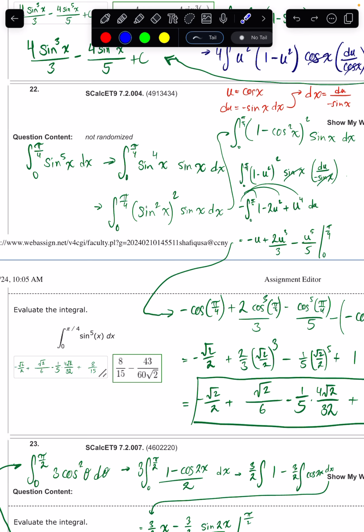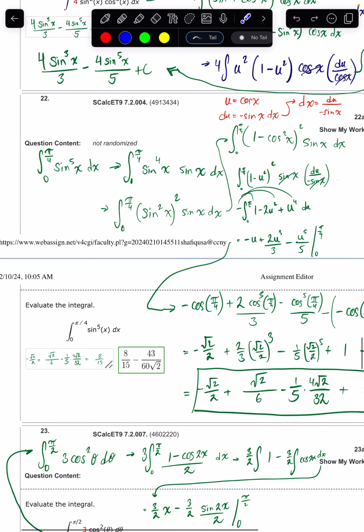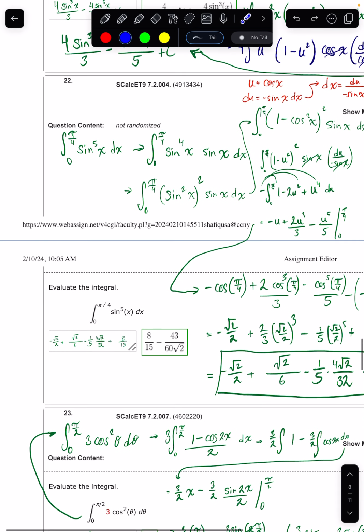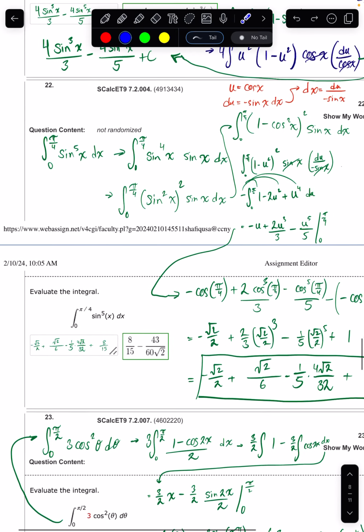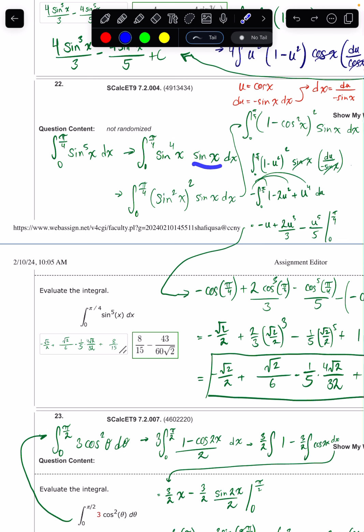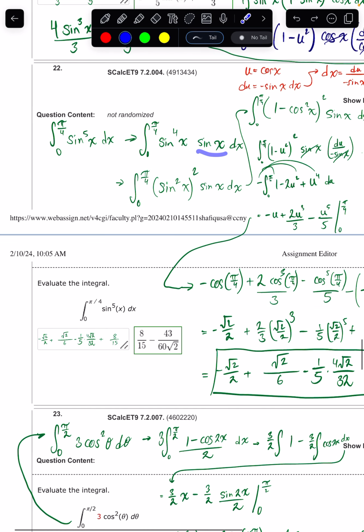And when we differentiate or integrate, that's exactly why I saved the sine x over here, and then I put sine to the 4th x.